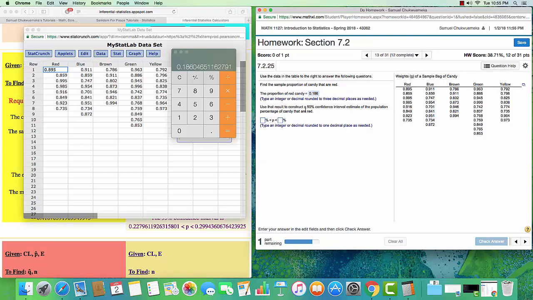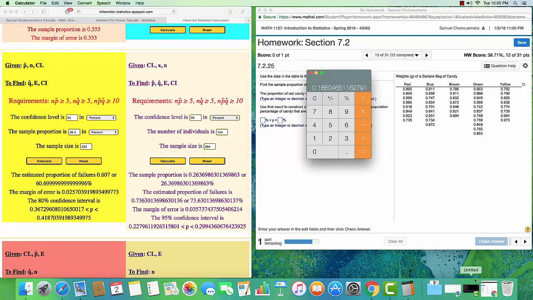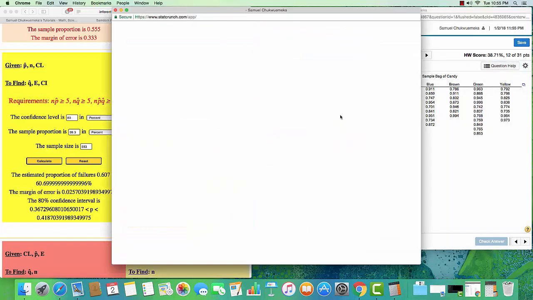Use that result to construct a 90% confidence interval estimate of the population percentage of candy that are red. Okay. I have 8 candies and I have 43 total candies. I'm gonna just close this and get my StatCrunch again.